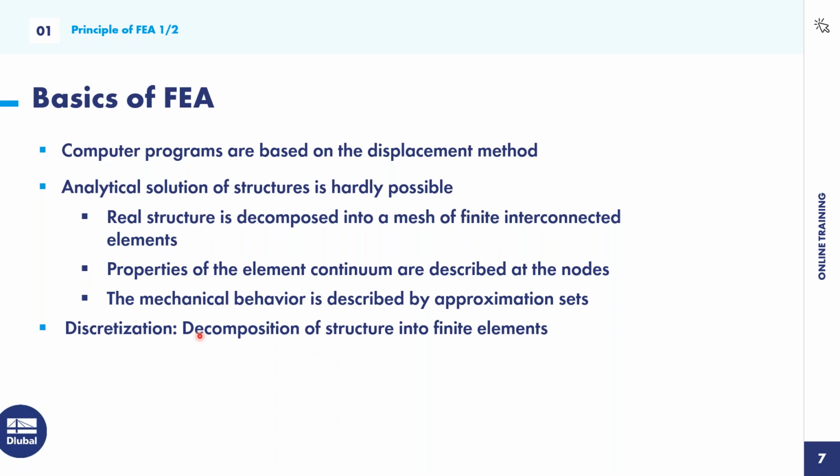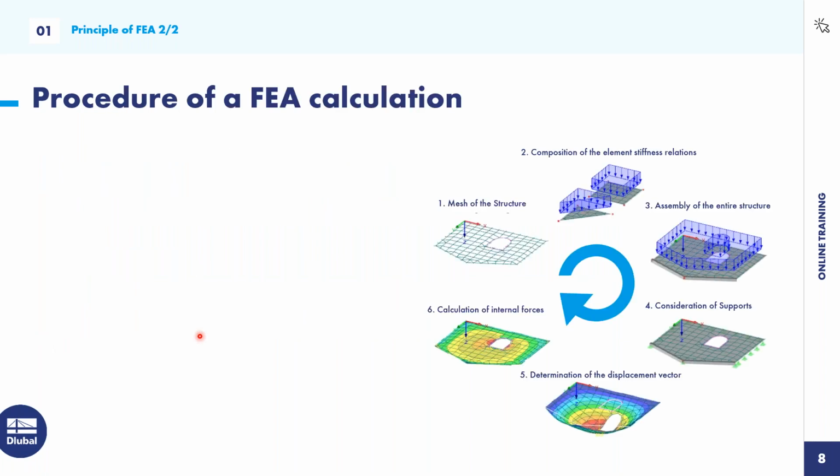Okay, so the next thing is the procedure of an FEA calculation. At first, we mesh the structure and we determine the local element stiffness relation.